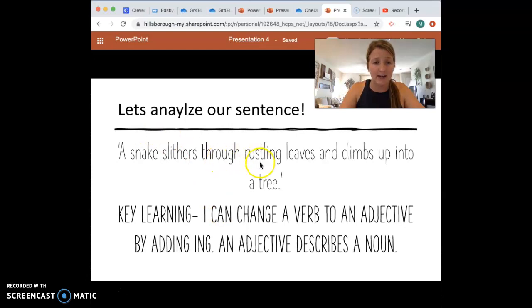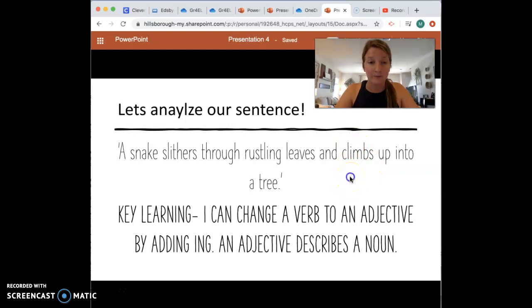So we identified that the adjective is rustling. If we were to take off ing and just have the word rustle, that would be a verb. So always remember, an adjective describes a noun, and we can create an adjective by adding ing to the end of a verb.